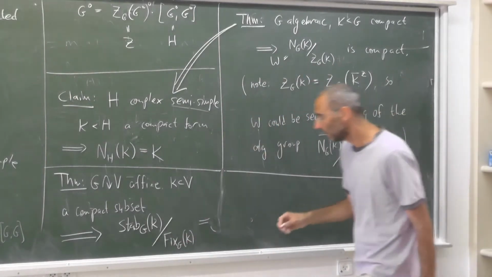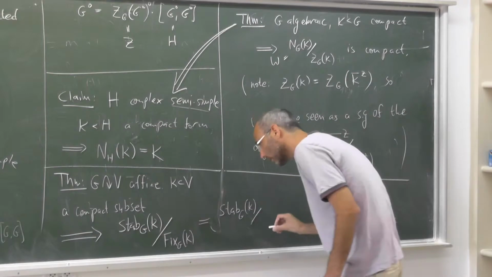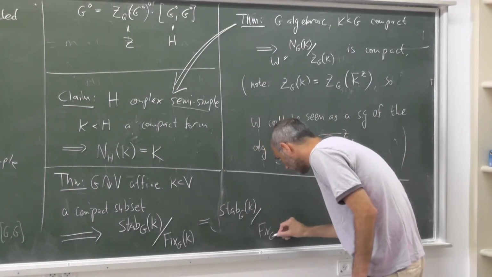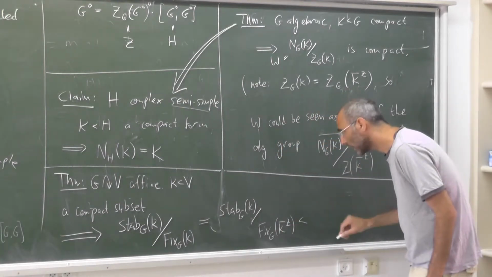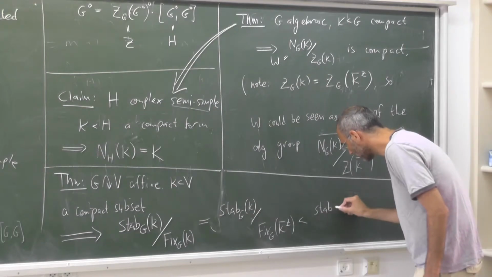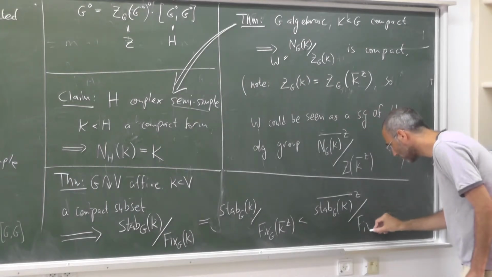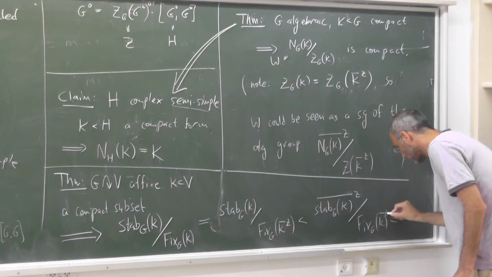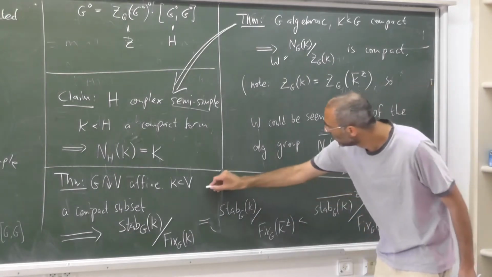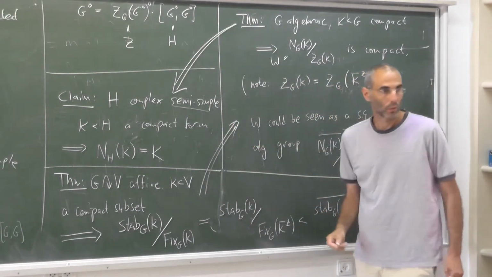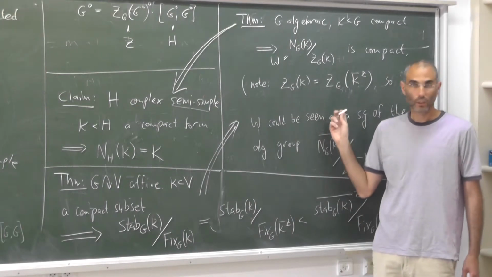Same remarks here. This is the same as Stab_G(K) over the Fix_G(K), which sits naturally inside the algebraic group. Now, why is that? Well, it is the affine action that I see here: the conjugation action of G on itself.